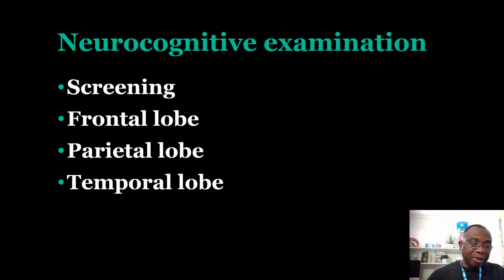Anosognosia, which is lack of awareness of disease, particularly of hemiplegia. Asomatognosia, the patient is unable to recognize part of his or her own body.